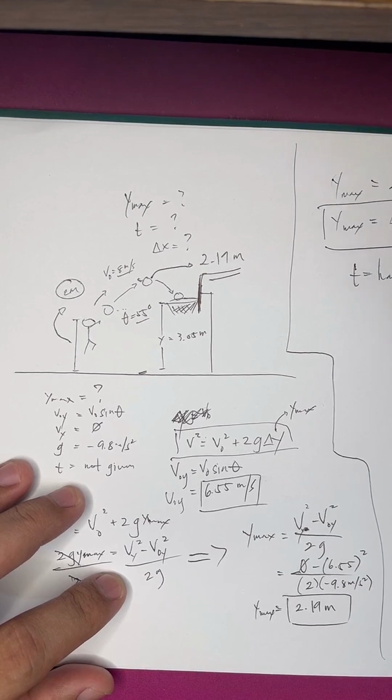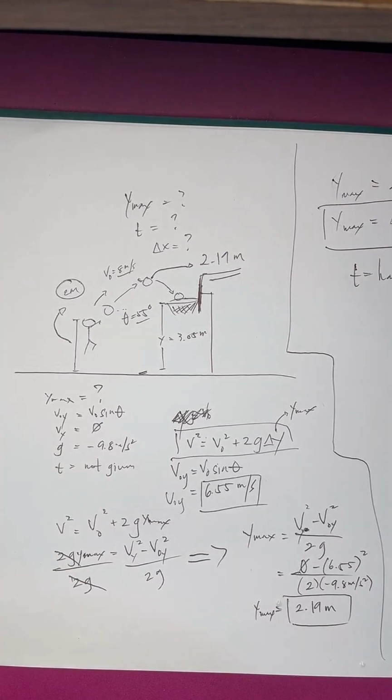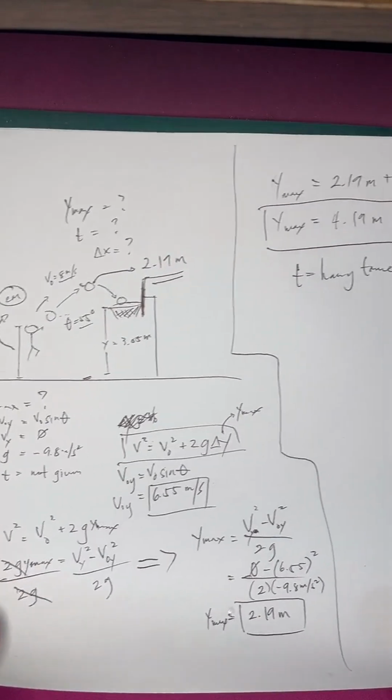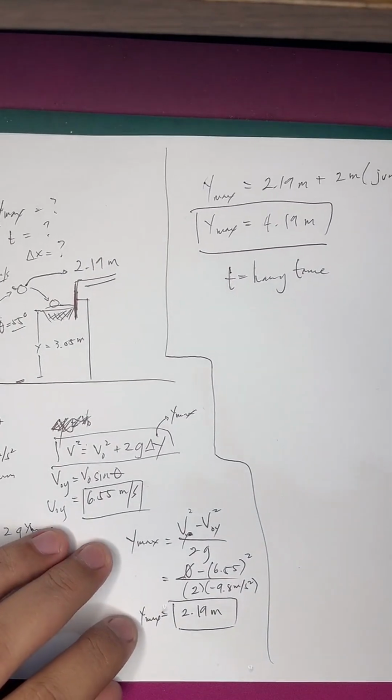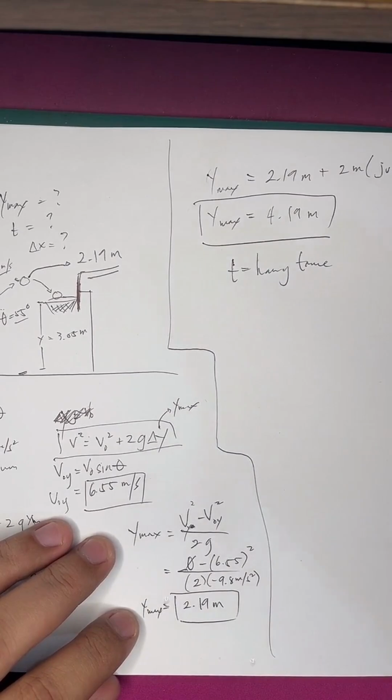It will now fall. From that knowledge, we could say that at peak height, not only is the upward vertical velocity 0, but it will also be the starting point of our new motion, which was the downward motion.